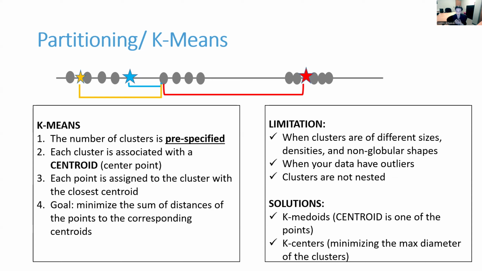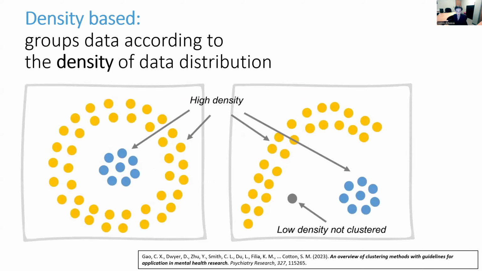And actually, the original k-means algorithm has extensions that can improve performance in some situations, but sometimes k-means might not be the best option. You can think about density-based options, which can identify clusters with different shapes and sizes and are more robust to outliers. The downside is that they are very time-consuming.